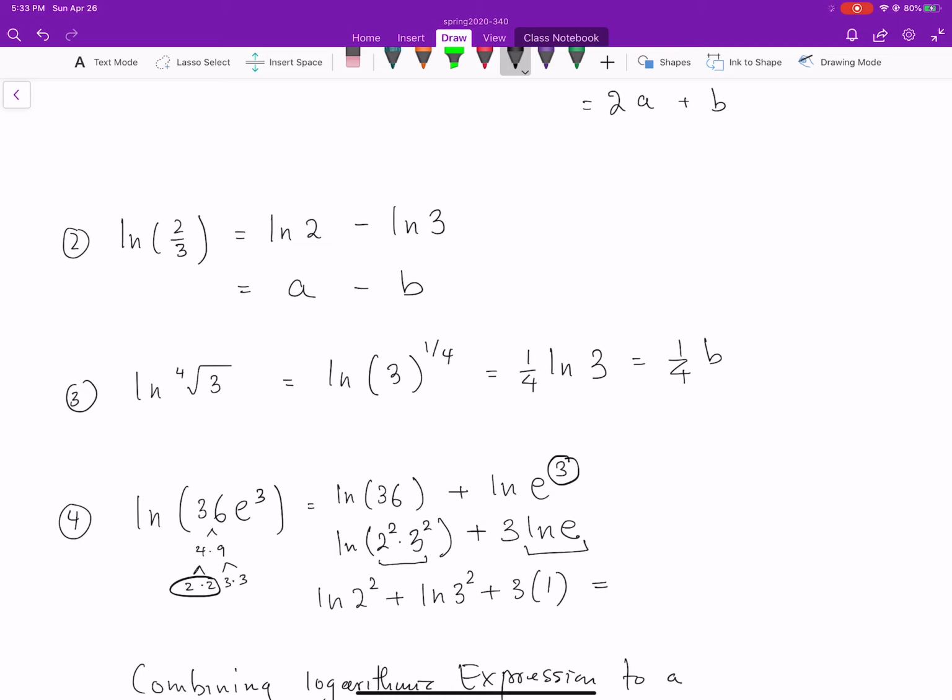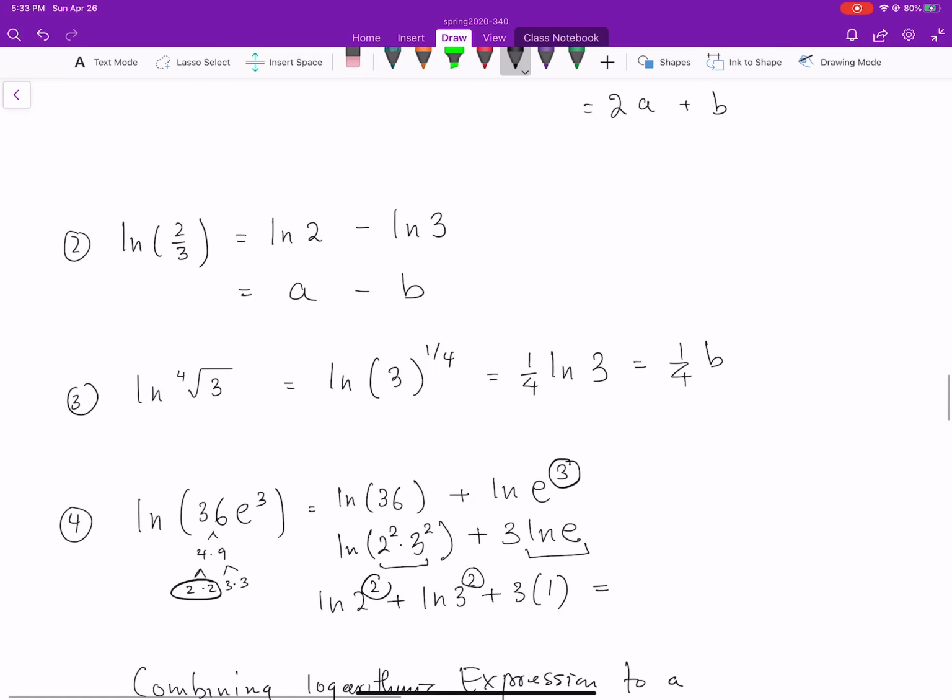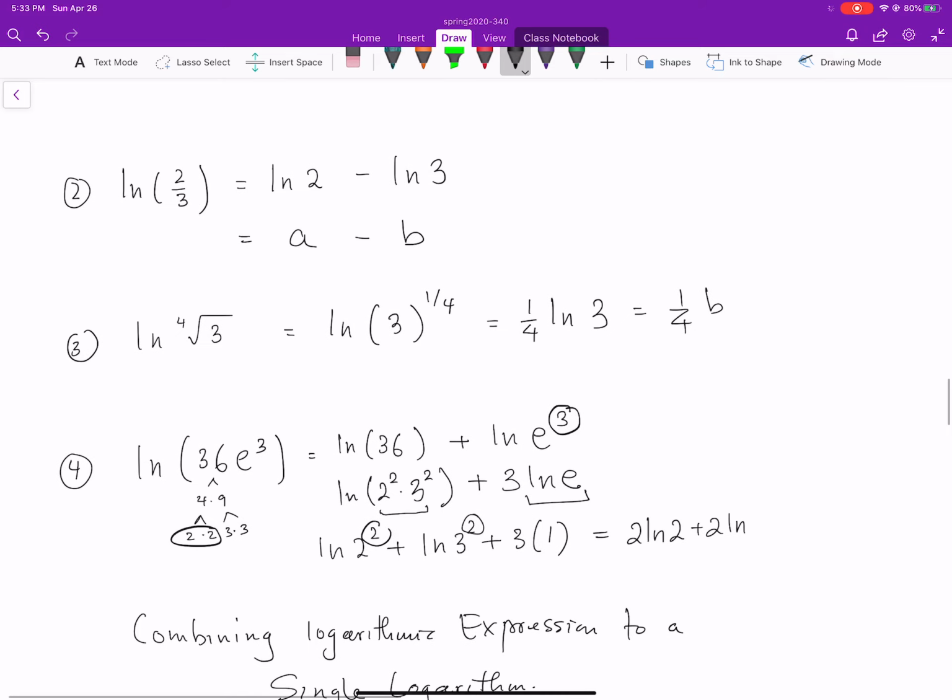Well, I'm not completely done because I do see some powers. So those are going to drop in front. So I end up getting 2 ln 2 plus 2 ln 3 plus 3. So my final outcome is going to be 2a plus 2b plus 3.